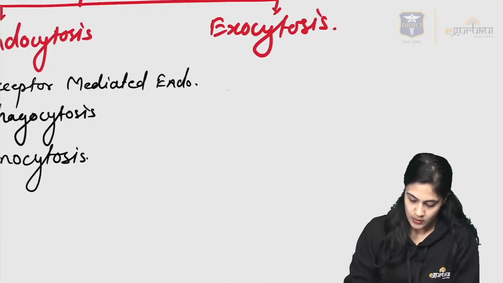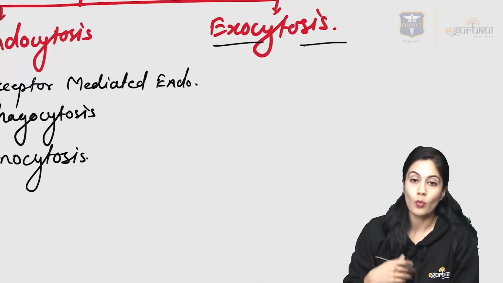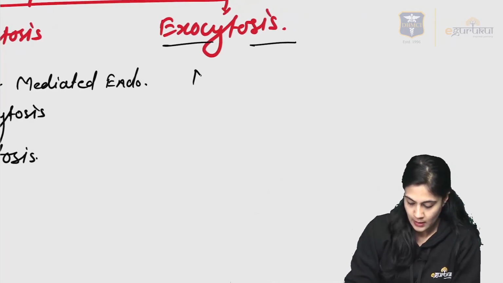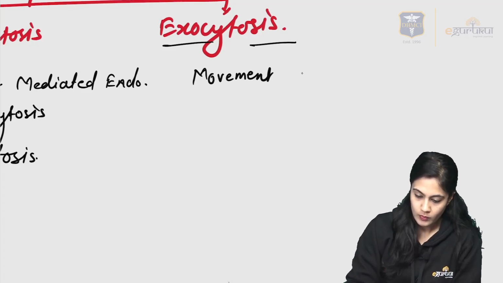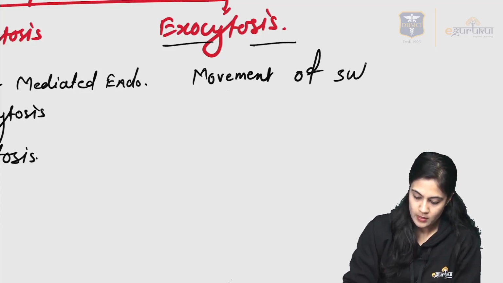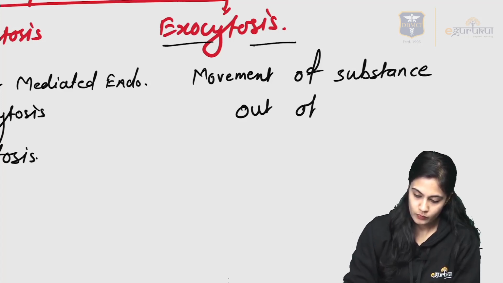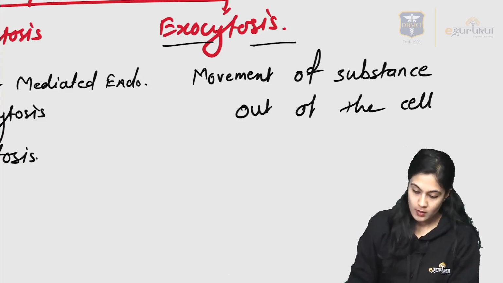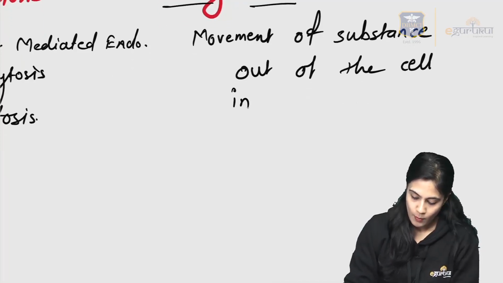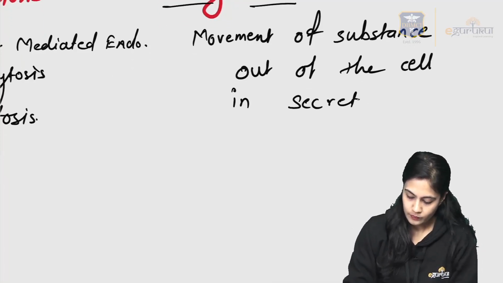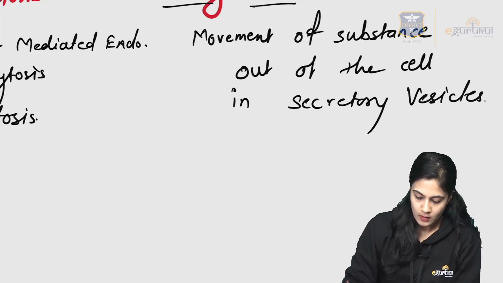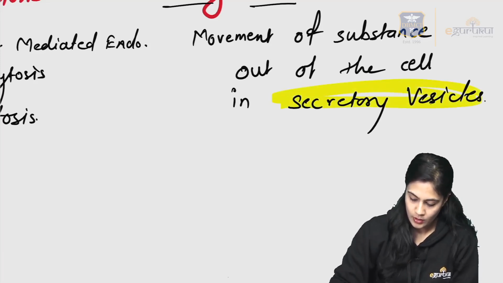Let's first discuss exocytosis. Exocytosis is the movement of any substance out of the cell. That means exo, it is exiting from the cell, right, in the form of secretory vesicles. So that's the difference here in vesicular transport.